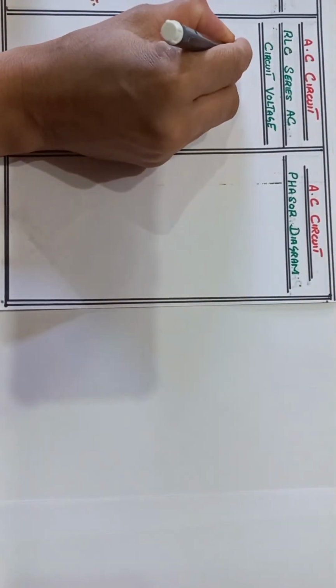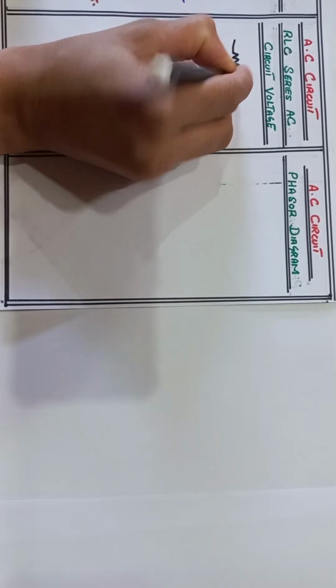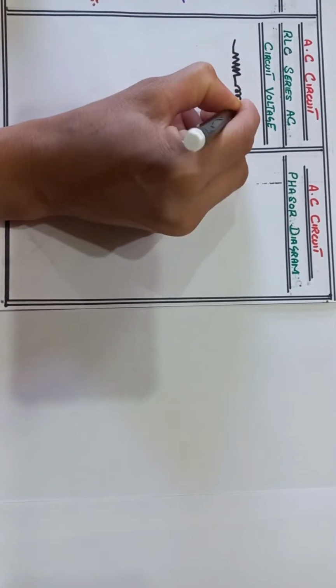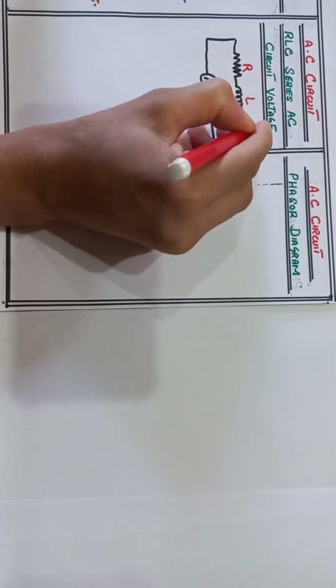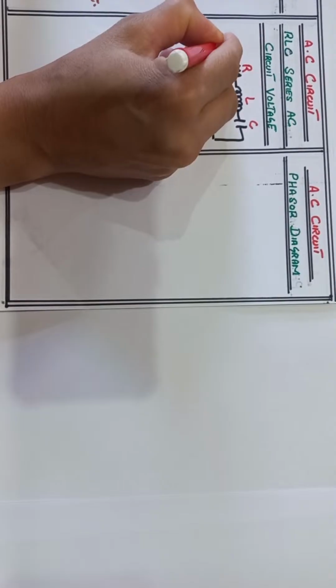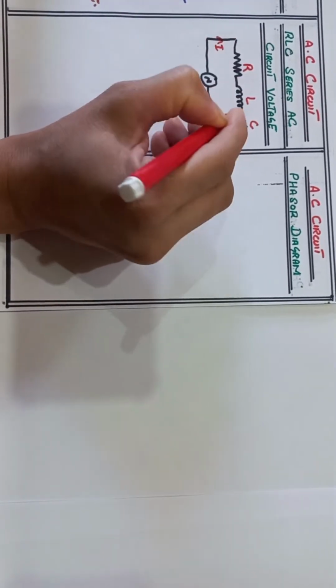So here we again draw the diagram: we take the resistor R, inductor L and capacitor C connected in series and apply the alternating voltage V. When we connect the alternating voltage V across the resistor R, inductor L and capacitor C, the current I flowing through each component is the same, but the voltage across each component is divided.